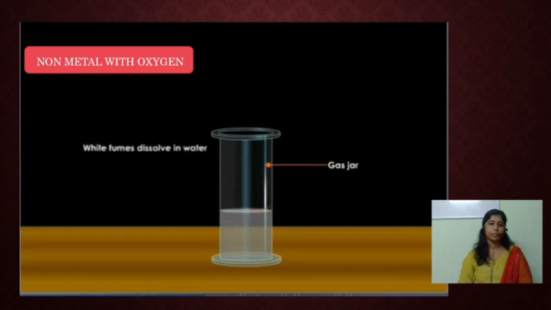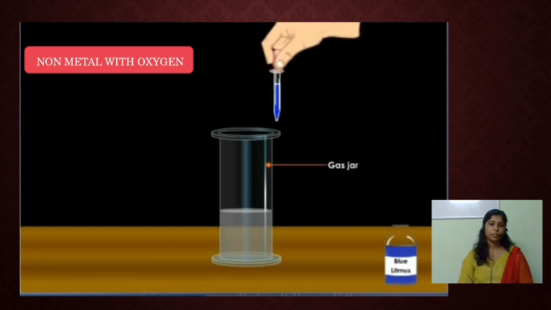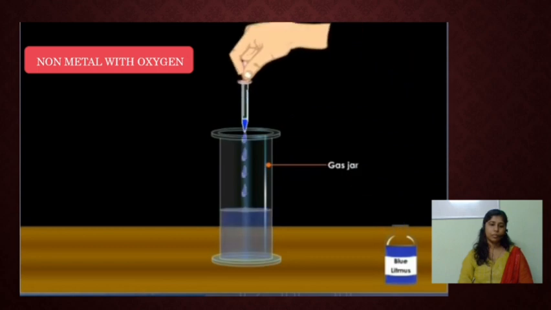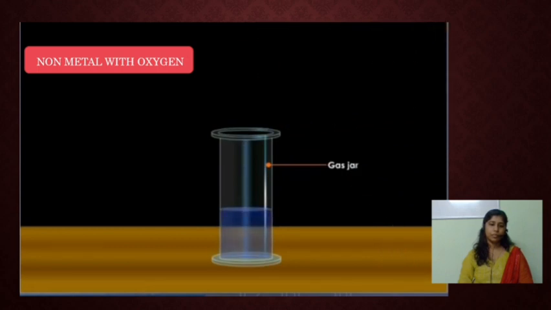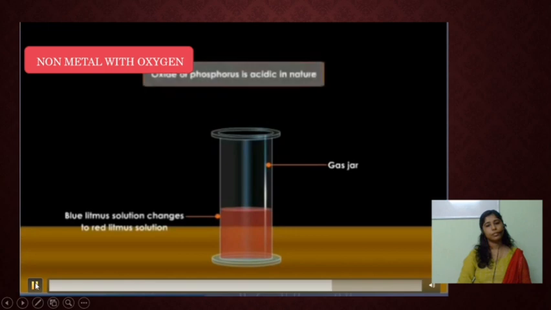The white fumes dissolve in water. Now put a few drops of blue litmus solution into it. The color of the litmus changes to red. It shows that the oxide of phosphorus is acidic in nature.